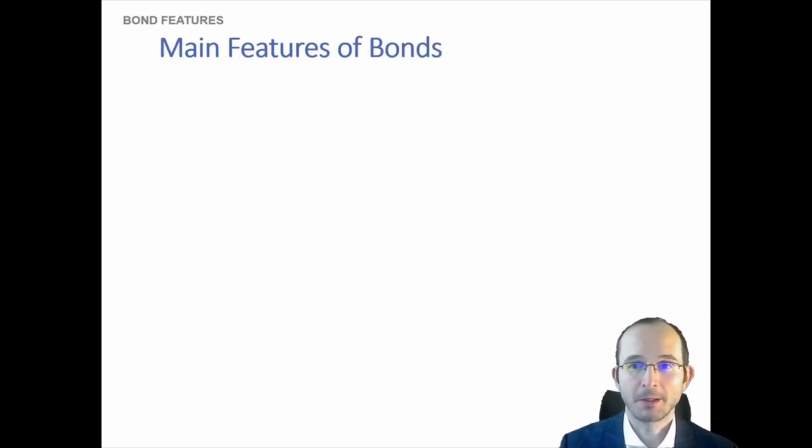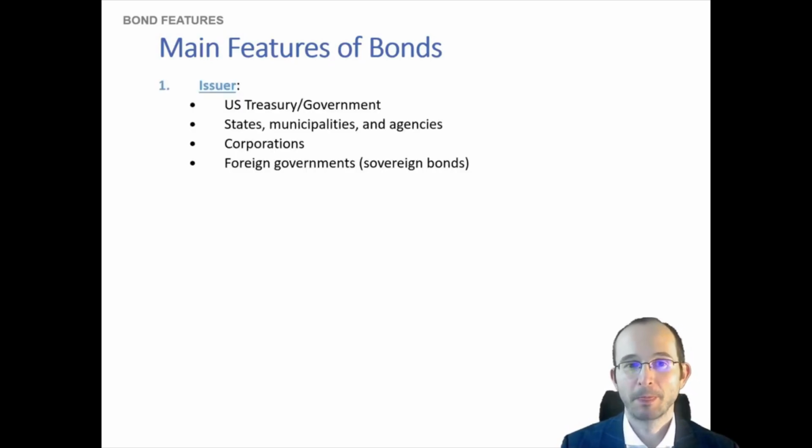So what are the main features of bonds? We know that as a financial asset, a bond is a claim on a real asset. We know it's effectively a borrowing arrangement with a certain interest rate and a certain repayment schedule. But let's get into the details a bit more.